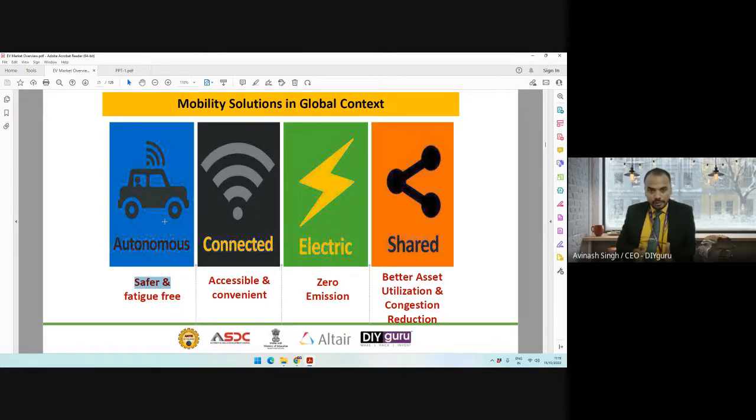Connected means all the vehicles are connected with each other. ये भी, this is something that is already there in the electric vehicles as well.